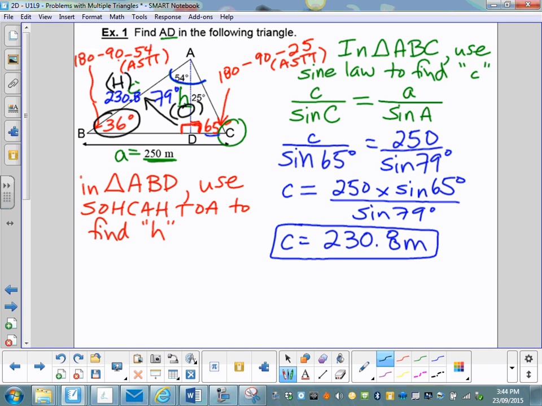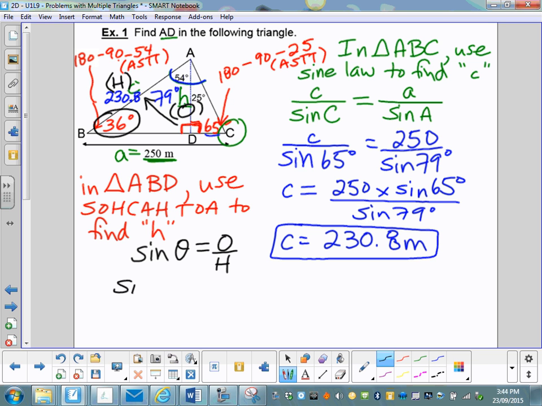So if it's opposite and hypotenuse, I'm going to use the sine ratio. I'll write the formula: sine theta equals opposite over hypotenuse.